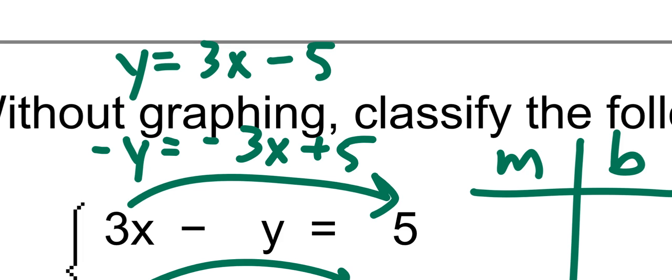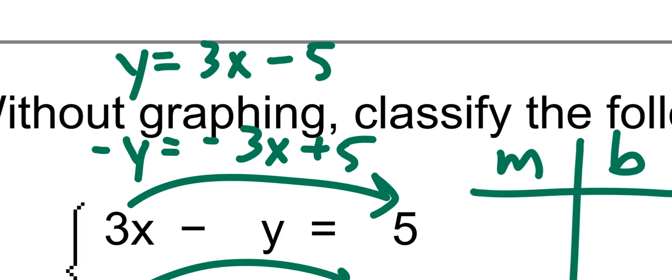In my first move here, what am I trying to indicate with this big arrow going to the other side? Move it away using which operation? Subtraction. So when I pushed it to the other side, I had negative 3x plus 5. How do you get rid of this negative? You divide by negative 1. If I divide by negative 1 here and I divide by negative 1 here, what happens to that?